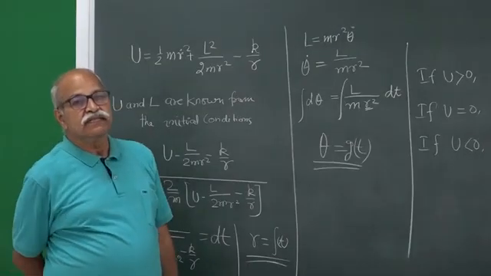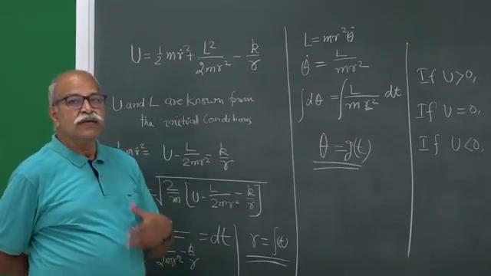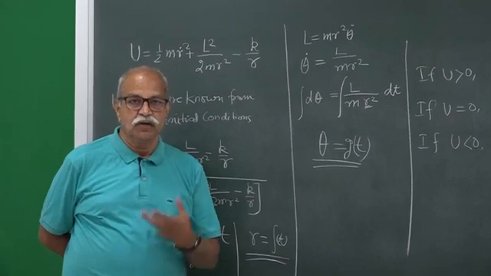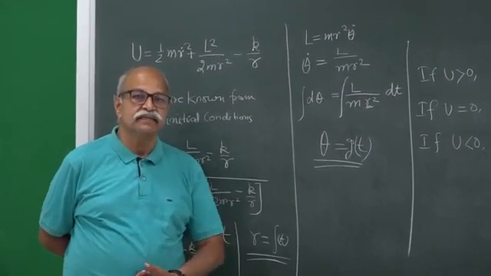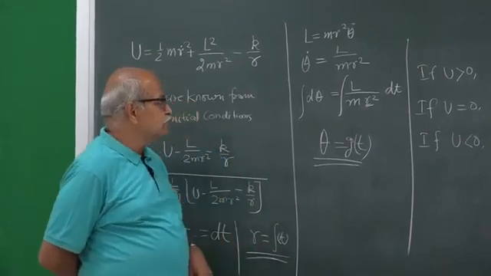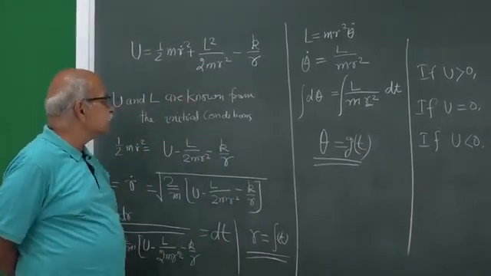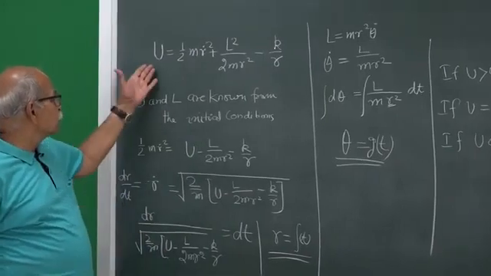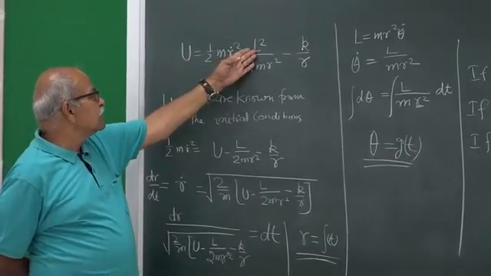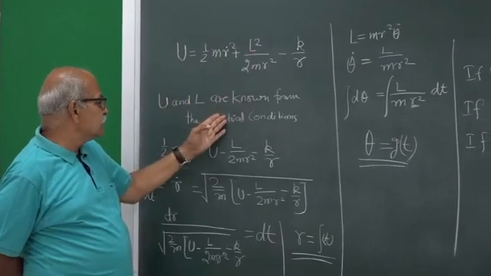So, in the previous lecture we discussed how to get the path of this orbit if a particle is there under a central force, an inverse square central attractive force, and these are the steps. In fact, you can start with total energy, and angular momentum, which are known from the initial conditions.